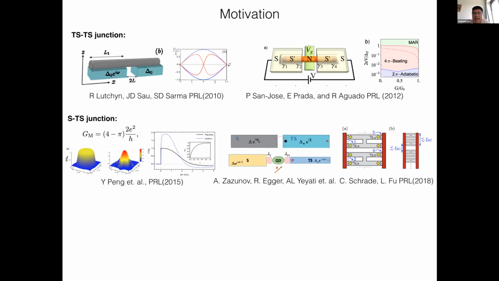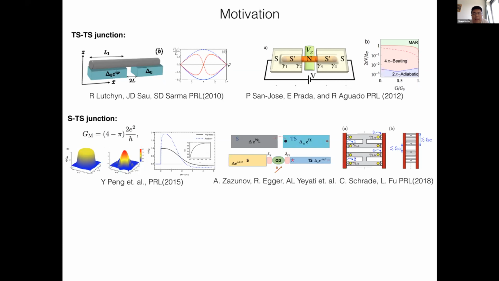And recently it has been proposed that, making use of two conventional superconducting leads and a topological superconductor island in between, you can do quantum information processing with Majorana zero modes using the Josephson current. So in this talk, we are going to focus on the Josephson junction between a conventional and a topological superconductor, where a Majorana is localized in between.